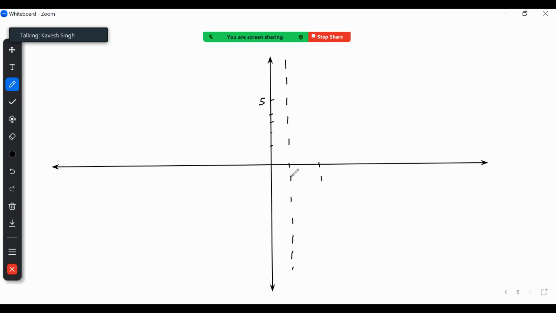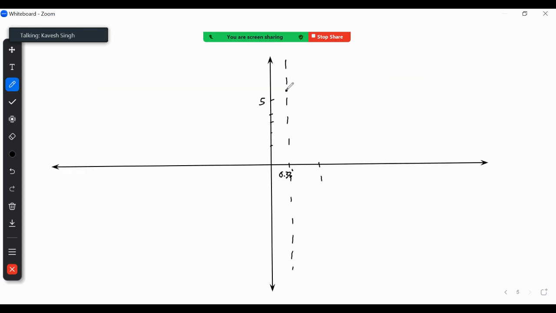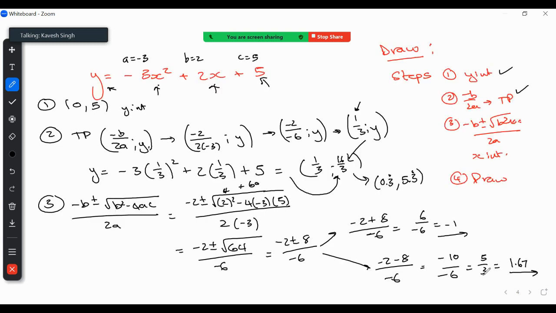0.3 recurring. And it would turn at 5.3, which would be slightly above 5. 5.3 recurring. So I know this is going to turn and cut through there, and it's going to turn and cut through there, getting me my two x-intercepts.